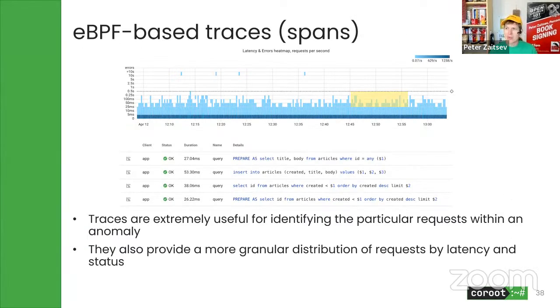Now, what you can also do with eBPF is create OpenTelemetry traces. Well, we cannot really have a span ID, which allows us to connect different nodes, because eBPF operates separately on different nodes, but we can get important information like query information and latencies as well.